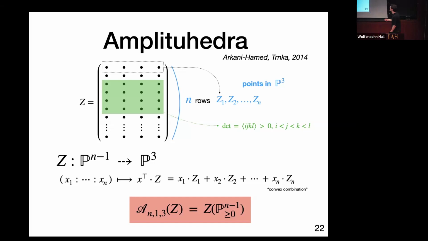You cannot always do this, but it turns out if you restrict to the positive part of Pn-1, then this is actually everywhere defined. And taking this linear combination, since we're in projective space, you can now think of as taking a convex combination. And the Amplituhedron with indices n, 1, 3, according to standard conventions, is the image of the non-negative projective space under this map.